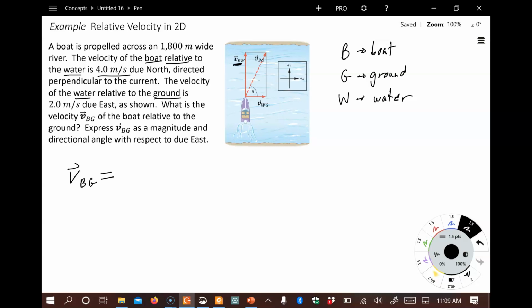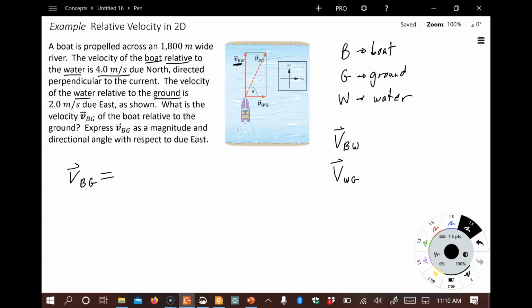You can think of the first as if you're floating in a raft on the water and you look at the boat; you would be measuring the velocity of the boat with respect to someone that's moving with the water. We also know the velocity of the water with respect to the ground. That's the velocity you see the river flowing if you're standing on the ground and you measure the velocity of the water flowing.